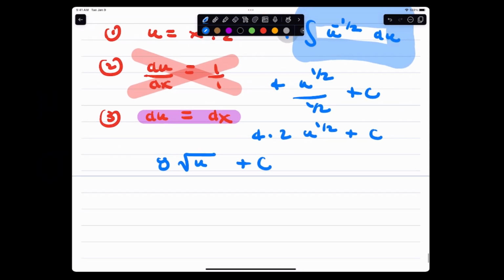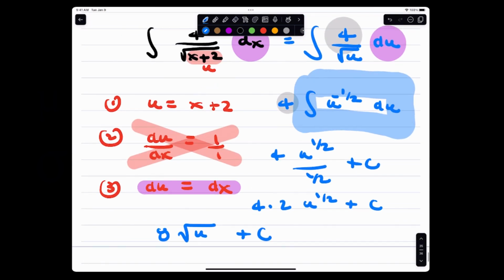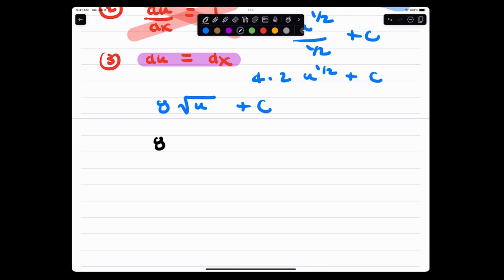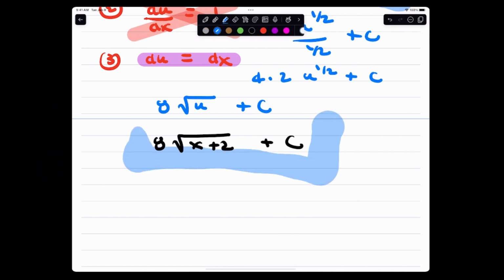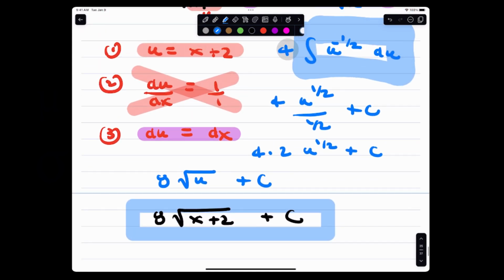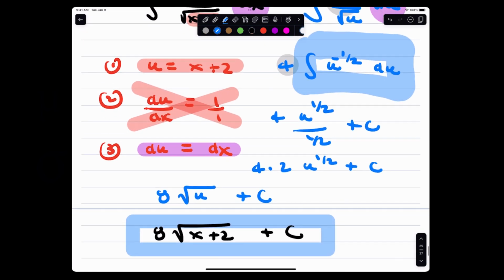Okay? And then you go back and you say, well, what was u? Well, here's u. It was x plus 2. So final answer would be 8 square root of x plus 2 plus c. There you go.